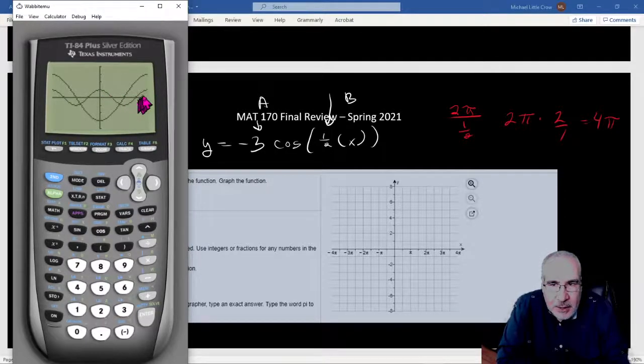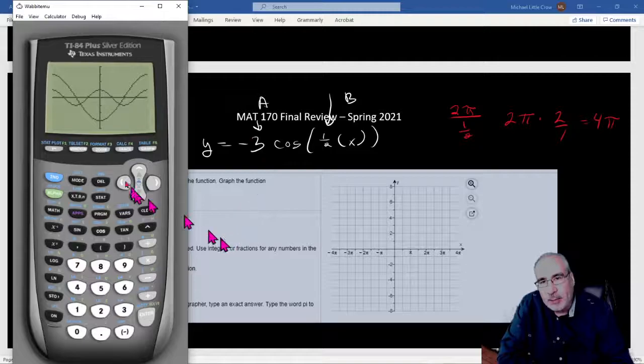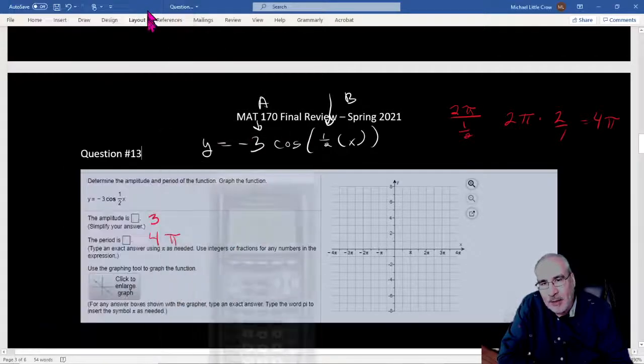Notice it starts repeating itself. But we only get half of it, so it takes 4 pi for that to happen. So that should help us see that our values are good.